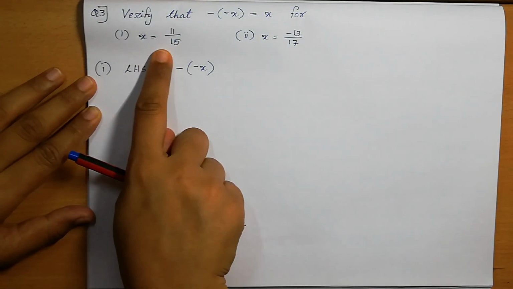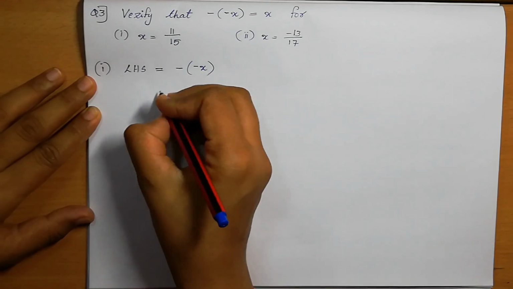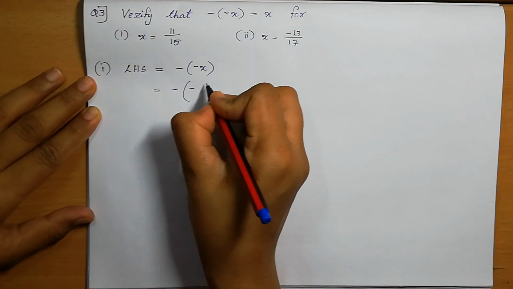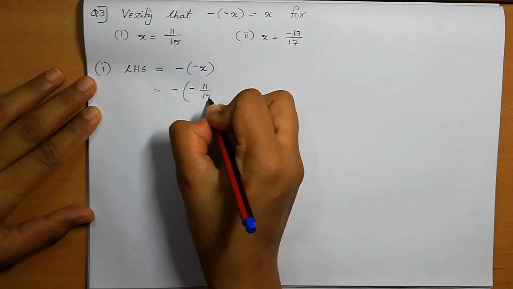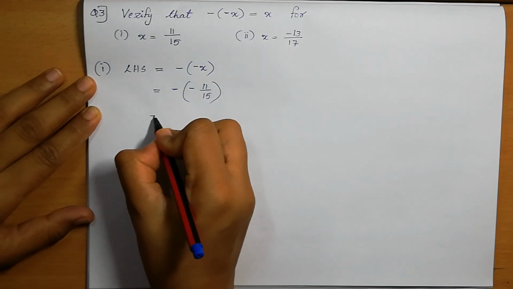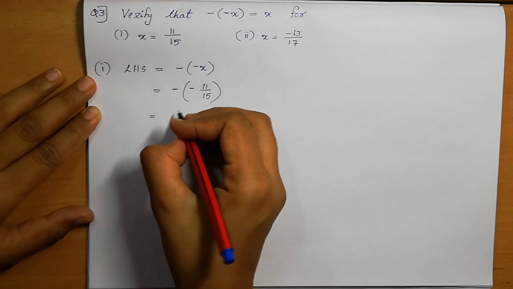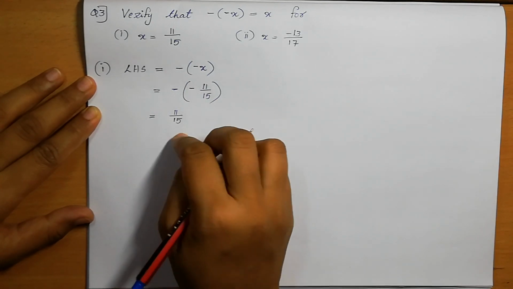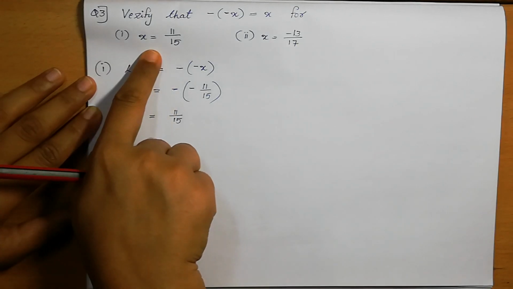So LHS is equal to minus of minus x. Instead of x what we can substitute? 11 by 15. So equal to minus of minus 11 by 15. So minus minus plus. So what we can write? 11 by 15. 11 by 15 is equal to what? x. Correct.